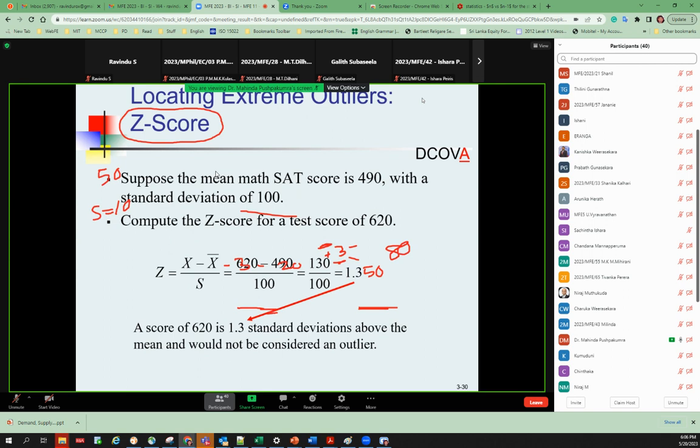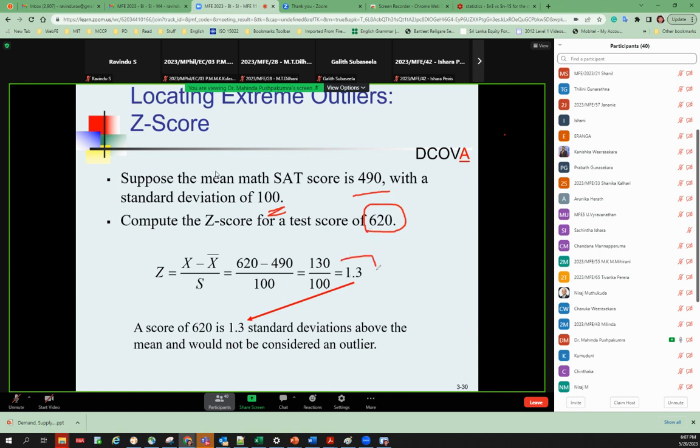Please see this example. The mean value is 190, the standard deviation is 100, and the particular value is 602.